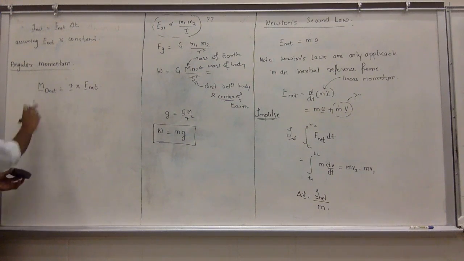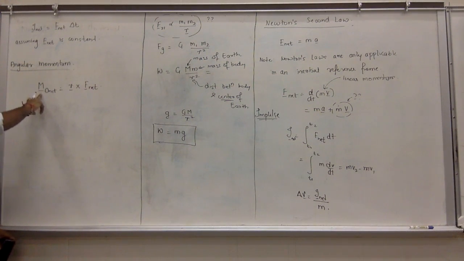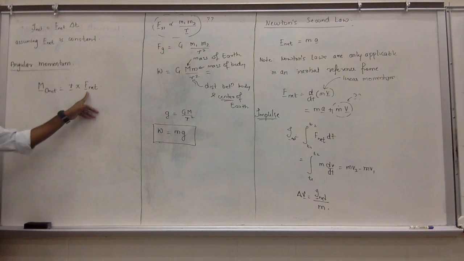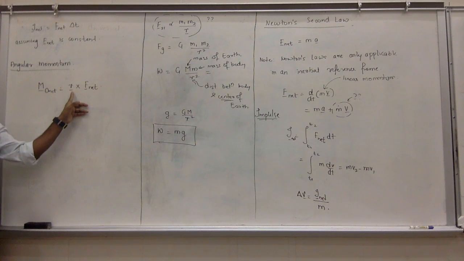Which M? This. Oh, yeah. So this is net angular momentum. Angular momentum is always defined with respect to a point O. This may be constant, this may be one value, but depending on how you define this r, this M will change. You understand?